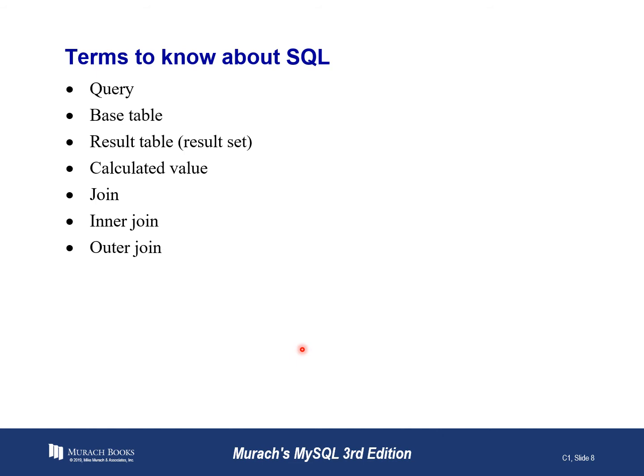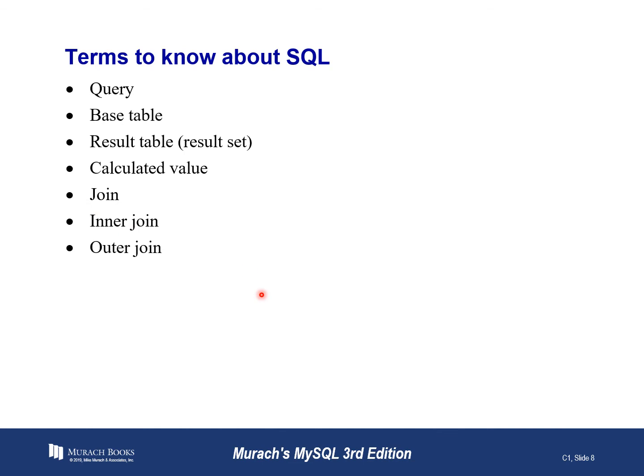So that is an example of a calculated value. And in a result table, you could have the straight up columns that exist in the database base table, but also in addition some calculated values as well. So that's the result table.